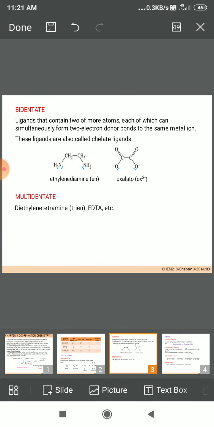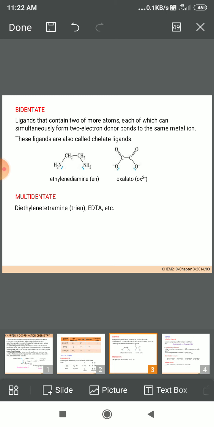Then second is the bidentate ligand. Bidentate ligands contain two or more atoms, each of which can simultaneously form two electron donor bonds to the same metal ion. These ligands are also called chelate ligands.